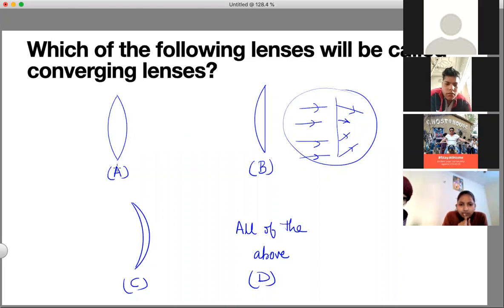A. कैसे बनाते हैं? ये तो स्टैंडर्ड है ना, इसको आप ऐसे बनाते हैं, राइट? सो A is converging. B, all convex lenses are converging lenses. सिंपल सा है. तो ये कॉन्वेक्स लेंस है.